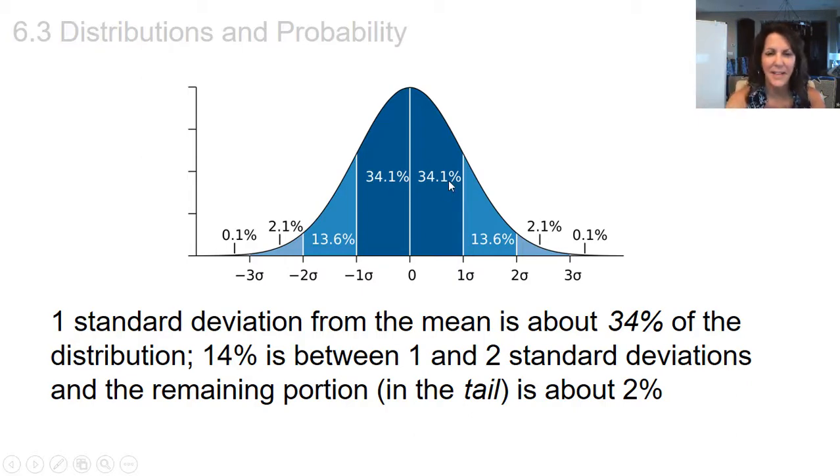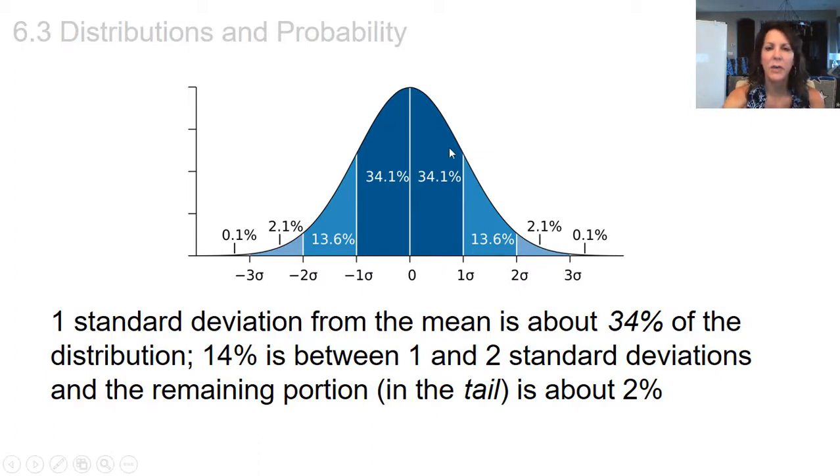There's some decimals there too, so we've always said it's about 68%. So what this tells us is between 0, the mean, and 1 standard deviation, we have 34% of the scores. And between 1 standard deviation and 2 standard deviations, we have about 14% of the scores. And beyond 2 standard deviations, the remaining portion is about 2%. So we can assign proportions to this normal curve.